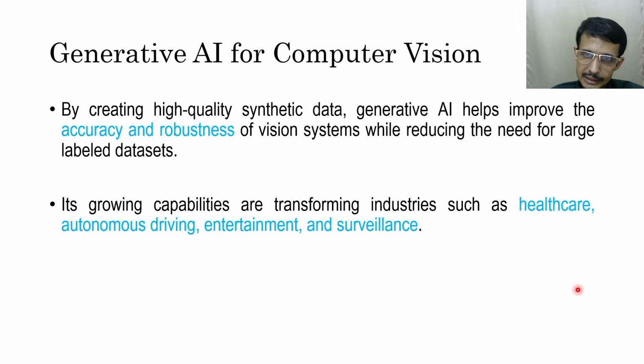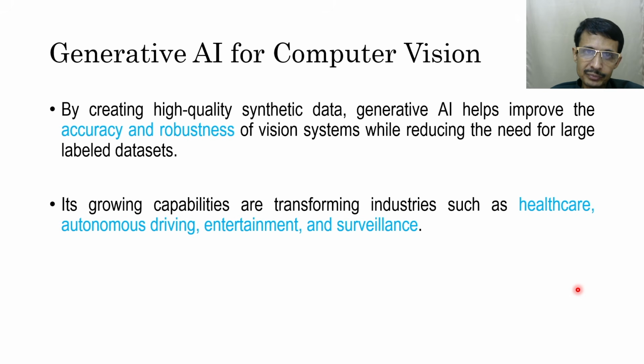Exactly here, generative AI plays the crucial role. They artificially prepare and generate synthetic images, so that a large labeled data set is not that much needed, and this synthetic data can replace it.